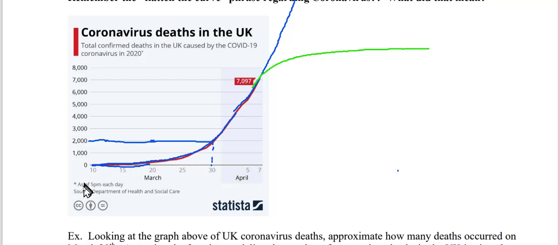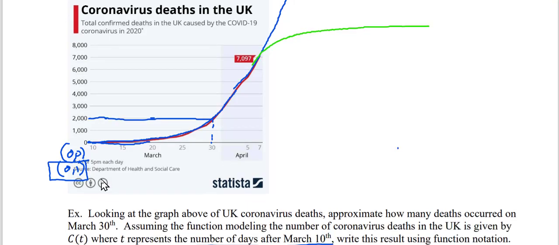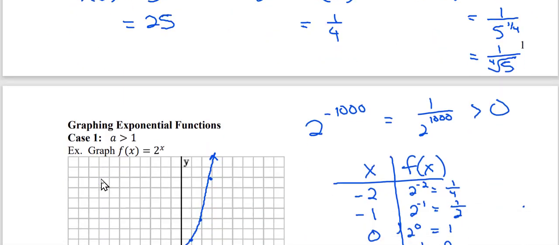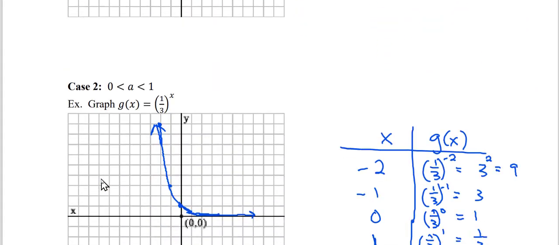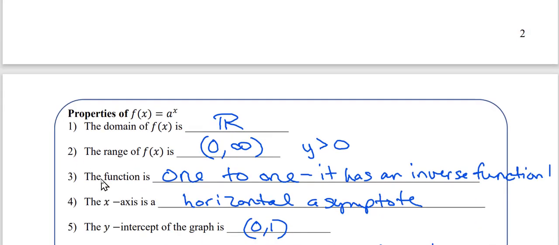If we're calling March 10th 0, I have to look at the actual numbers to see if on March 10th, is that the ordered pair (0, 0), or is it (0, 1)? If it's not (0, 1), then you have something going on that is causing a stretch or shift there. So I'd have to look at the raw data. It's too hard to tell from just that graph.